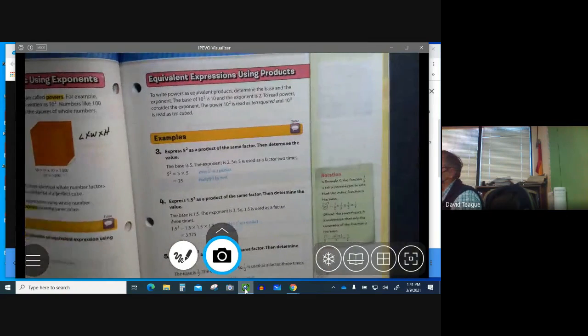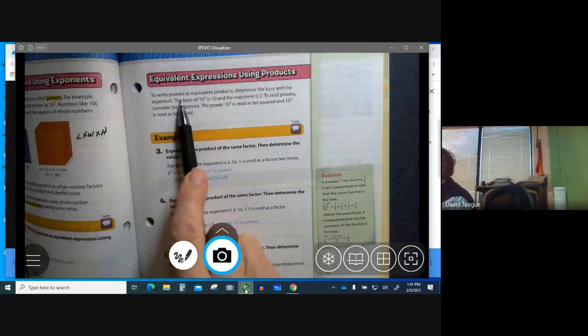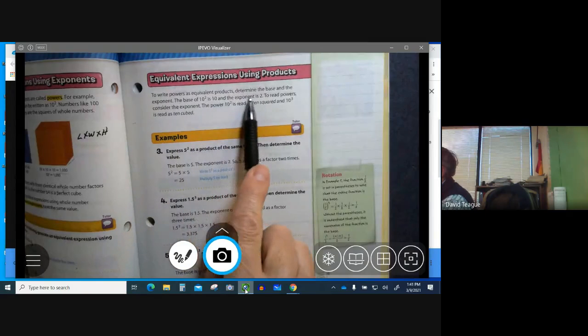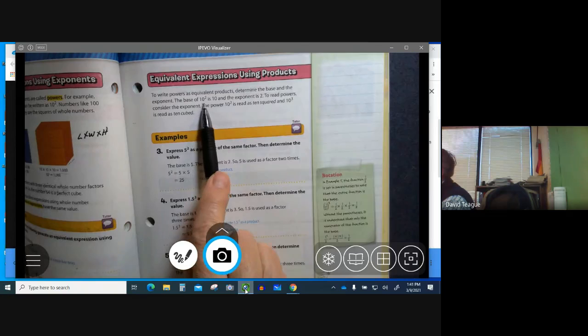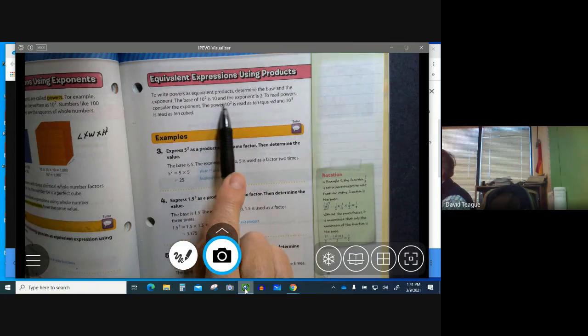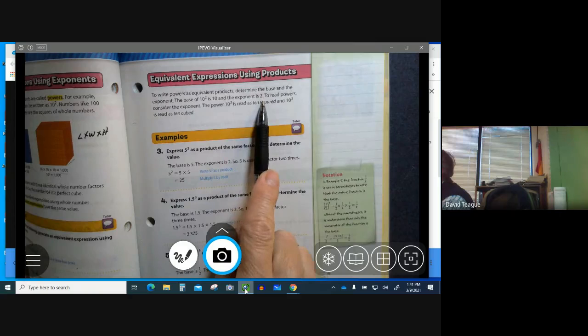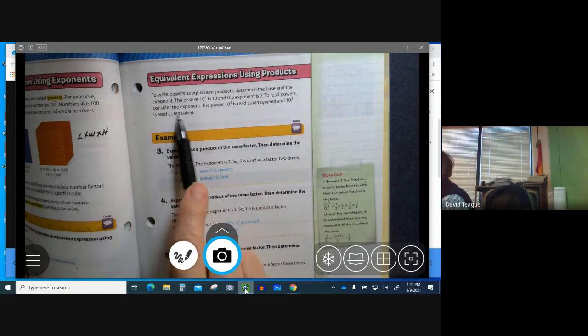Okay, page 505. To write powers as equivalent products, determine the base and the exponent. The base of 10 squared, or 10 to the second power, is 10, and the exponent is 2. To read the powers, consider the exponent.